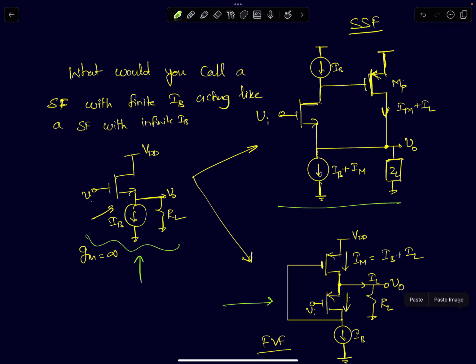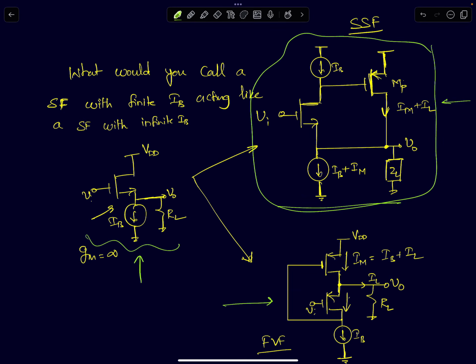But in the literature, only this one is called a super source follower, because if you see, it's identical to this. It's the same NMOS source follower where your DC level is shifted to a lower value. But ideally, both have this property of giving you very low output impedance and very high short circuit transconductance.